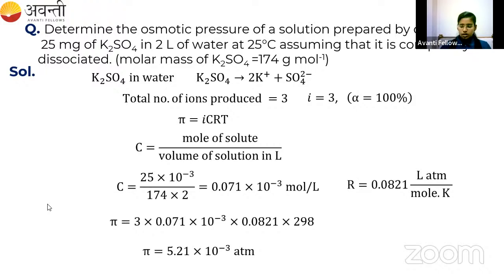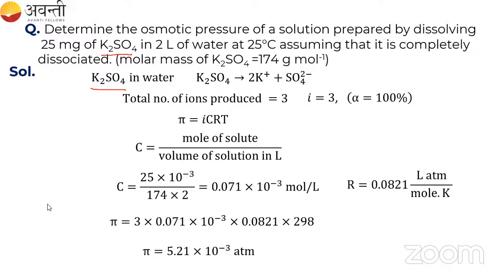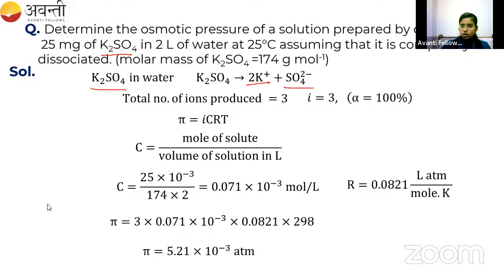Okay, I would like to tell one thing from this. How to get the value of i if abnormal molar mass or normal molar mass is not given in the question. So you see here, we are provided with the K2SO4 compound. How to find out the value of i? K2SO4 is giving 2K plus ions and 1 SO4 2 minus ion.